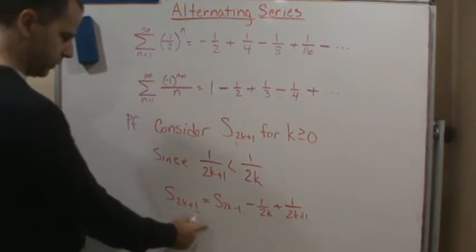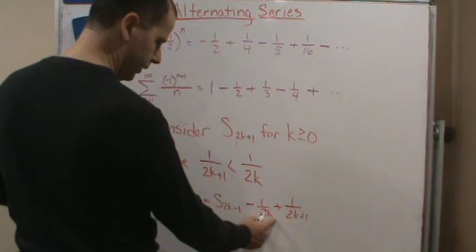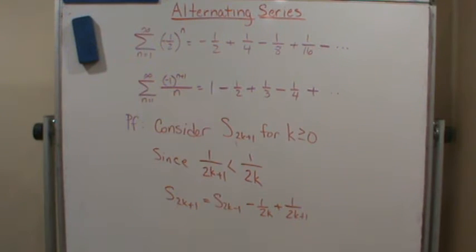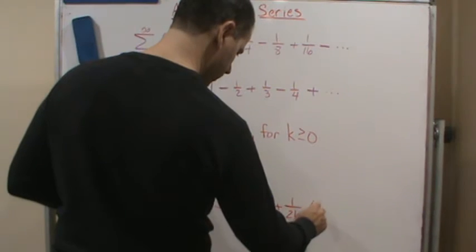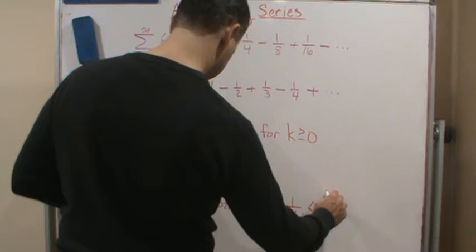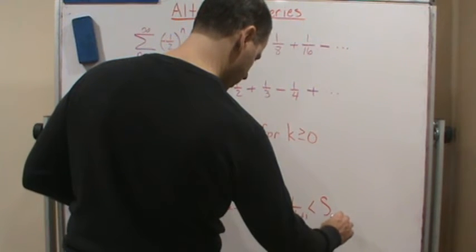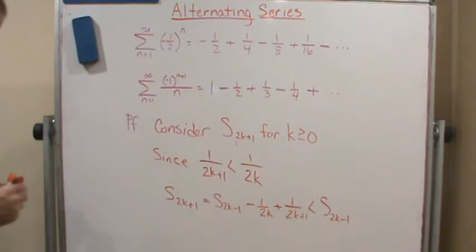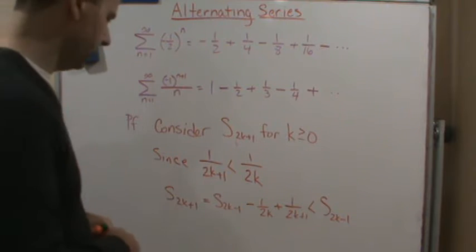So that's this partial sum, s of 2k minus 1, subtracting off 1 over 2k and adding 1 over 2k plus 1, and that's going to be less than s of 2k minus 1. Okay, so that's true because here I have this partial sum.